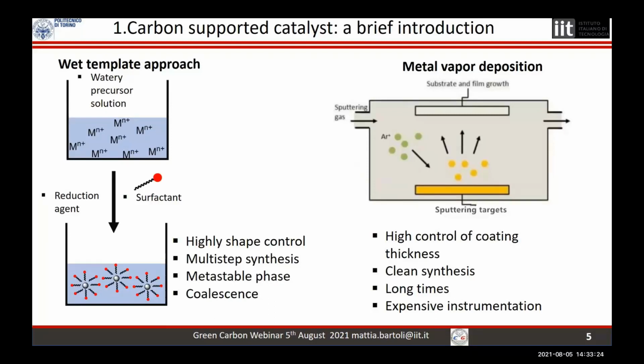The other one is deposition. Here I reported physical vapor deposition, but there are also chemical ones, or more advanced ones like plasma sputtering. These techniques are used to produce metal-supported catalysts onto different kinds of carbons.